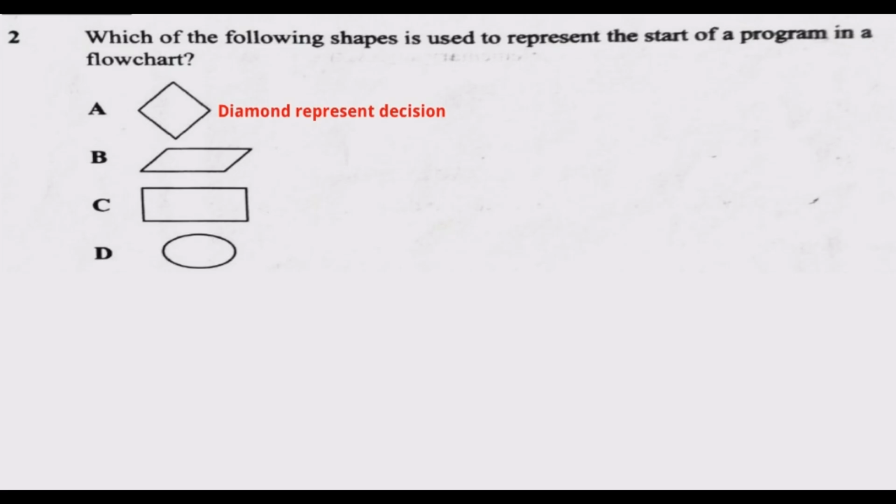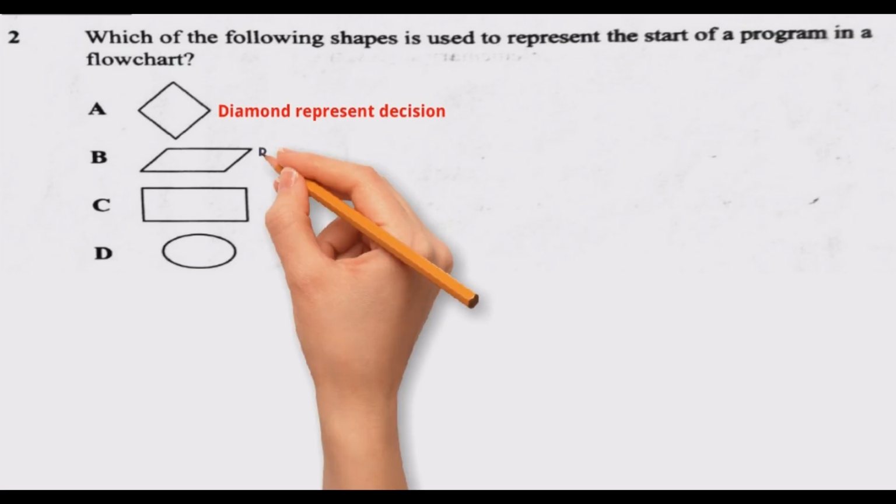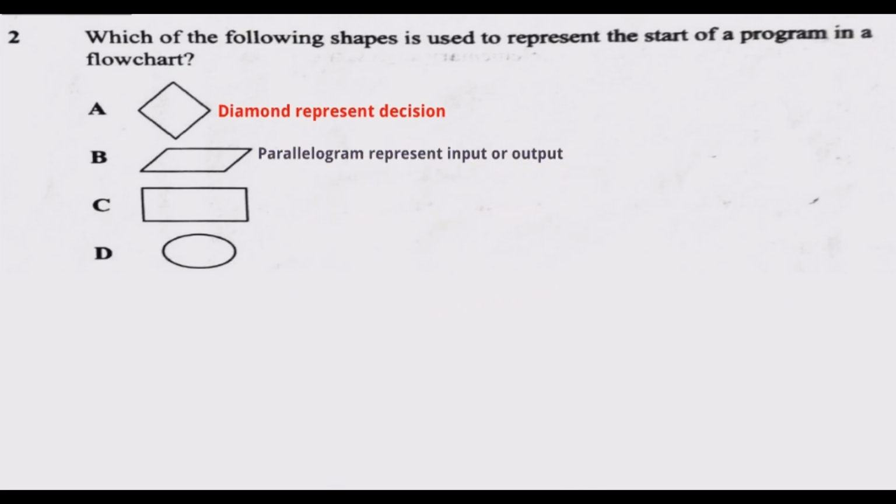So when you see diamond in the flowchart, that is decision making. B, that is the parallelogram. Parallelogram represents the input or output.